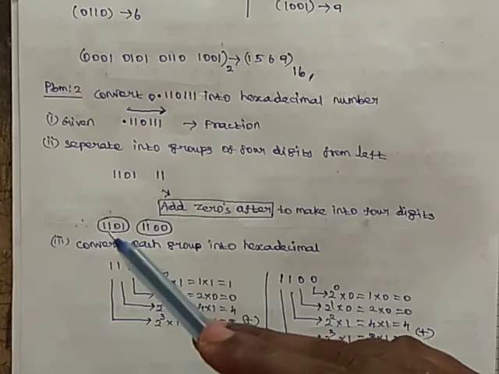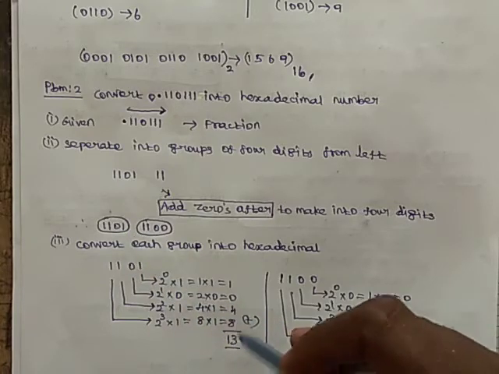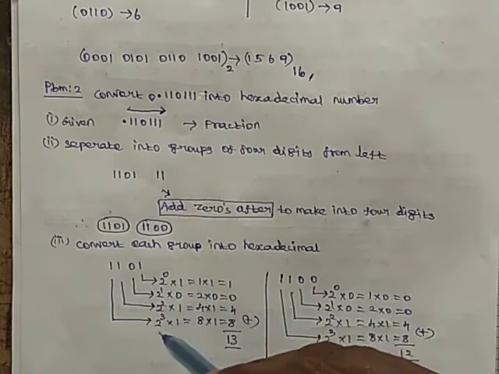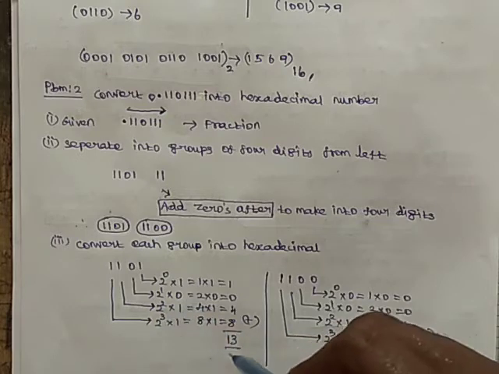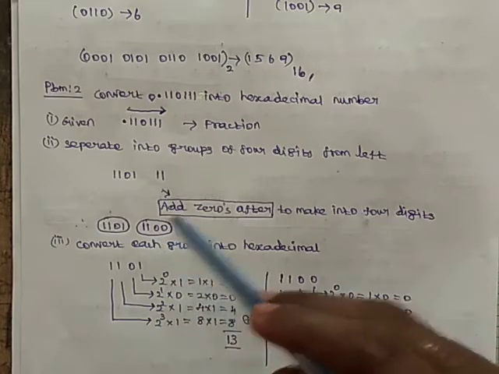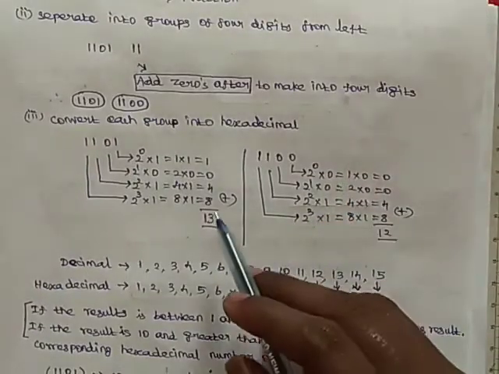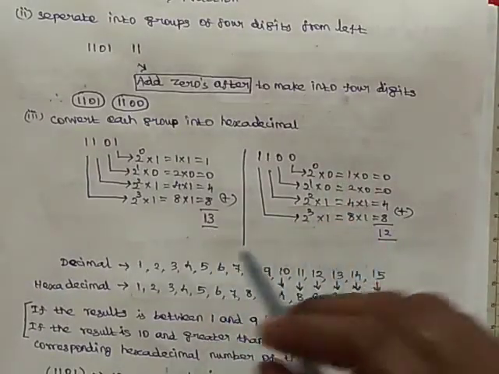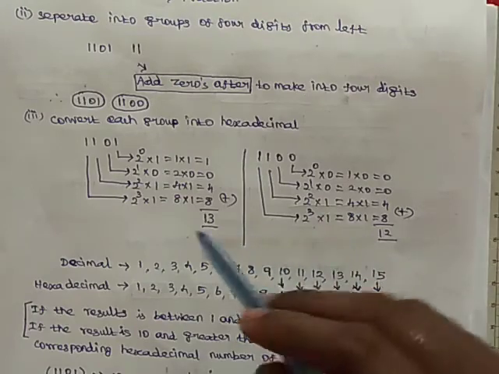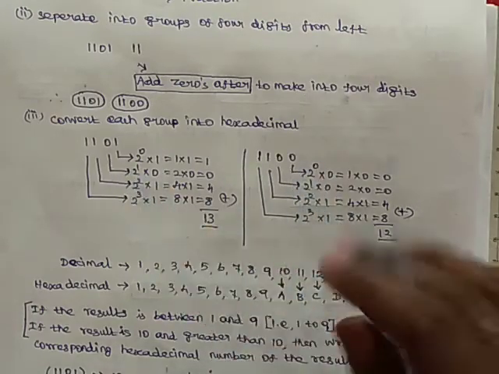We convert these to hexadecimal by the multiplication of 2 power 0, 2 power 1, 2 power 2, 2 power 3 and so on. The first gives the result 13, and 1100 gives the result 12.